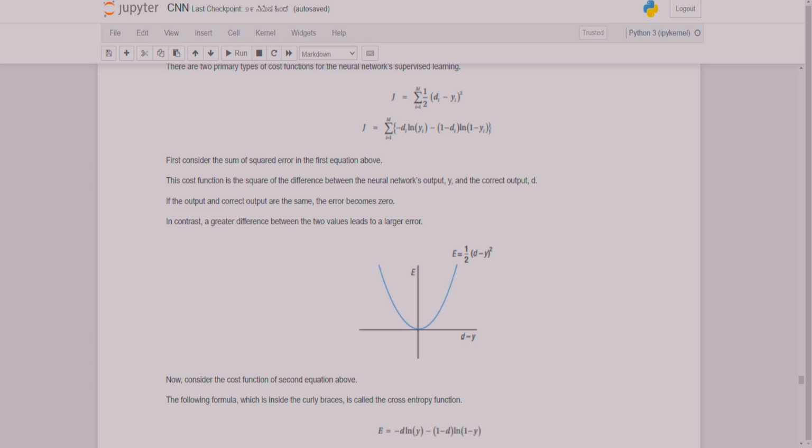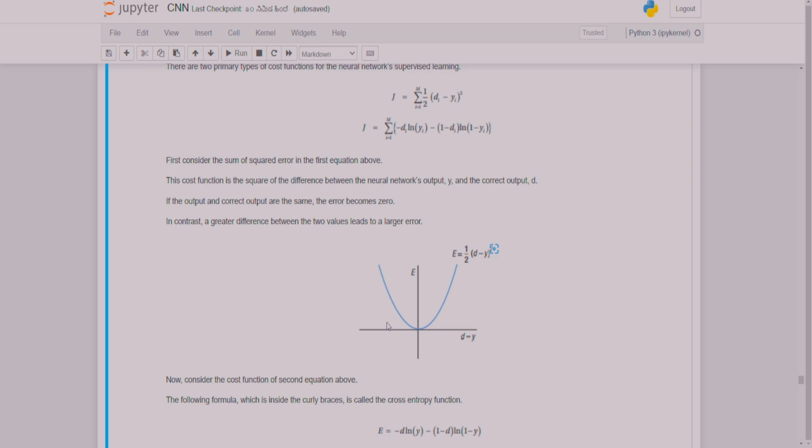Okay, fine. Now, is it sufficient? Is it good enough to represent our error? It's obvious, it's correct. Now you see, along this x-axis, I'm trying to plot the d minus y value. So d minus y value is along the x-axis.